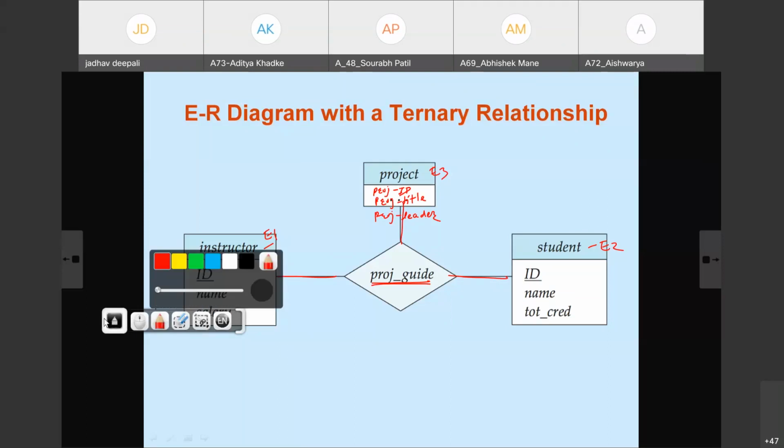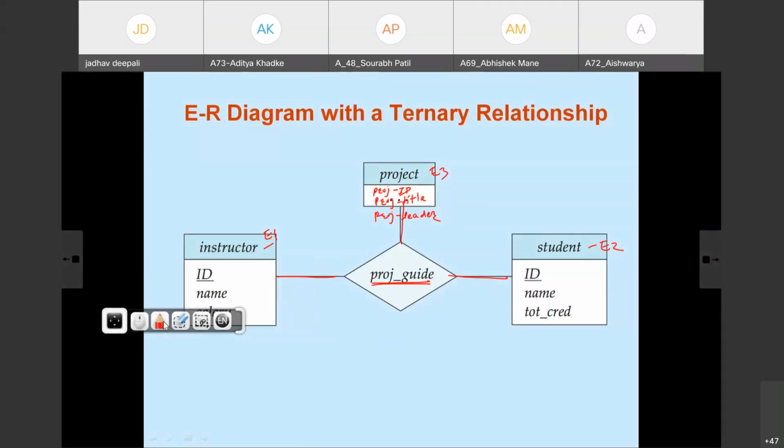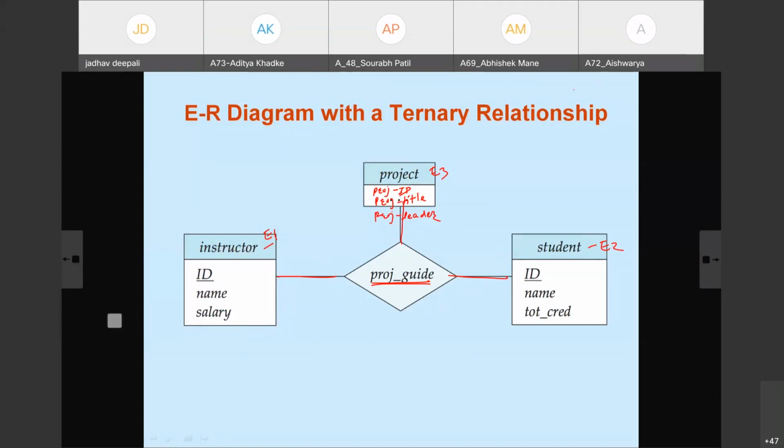Now tell me, what are the attributes of this relation?